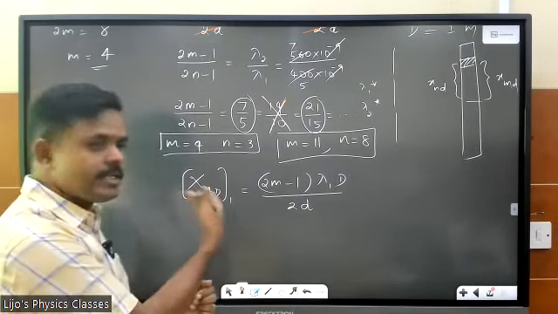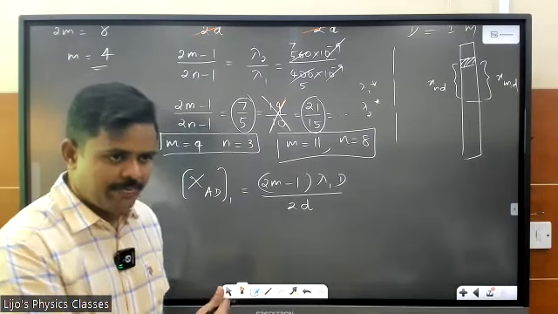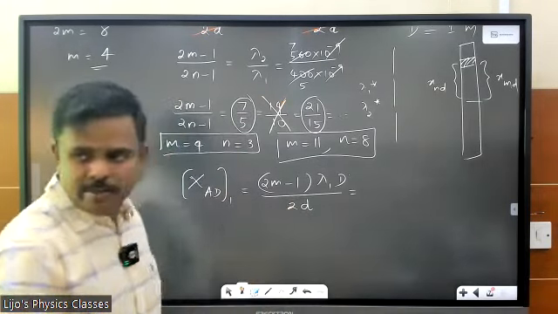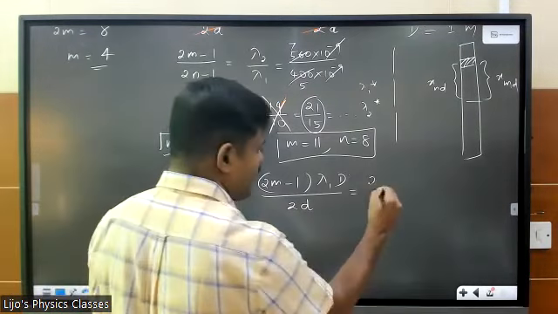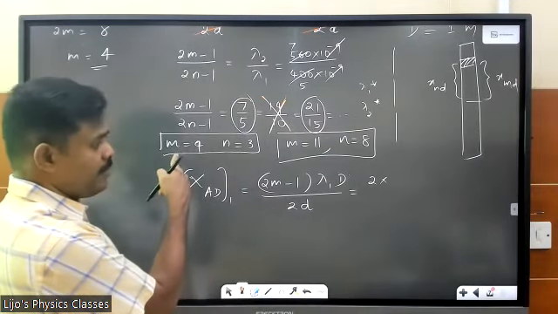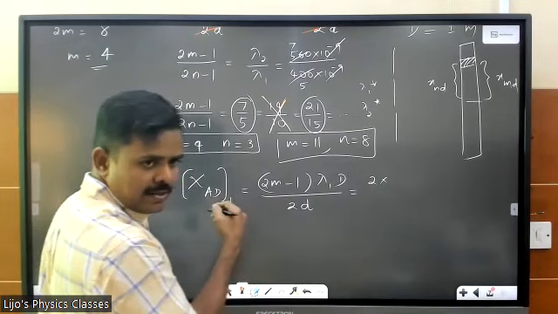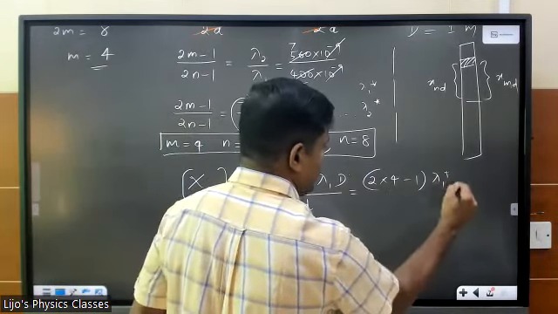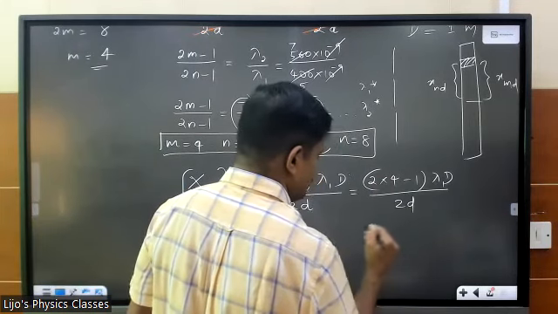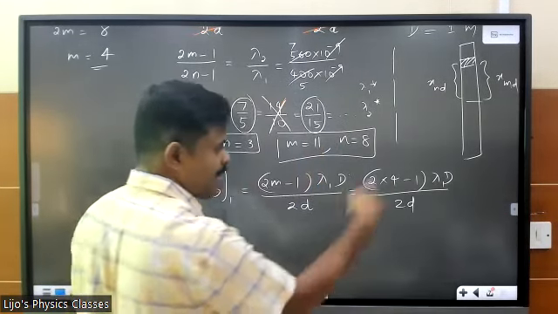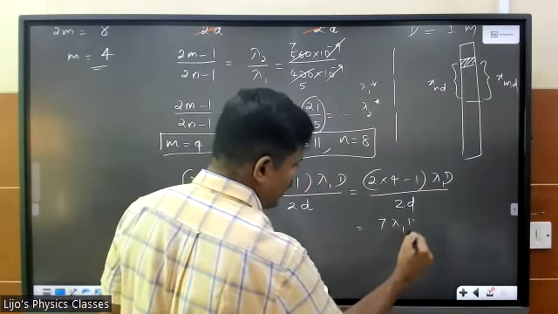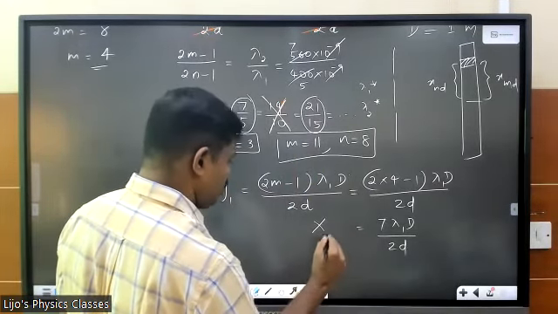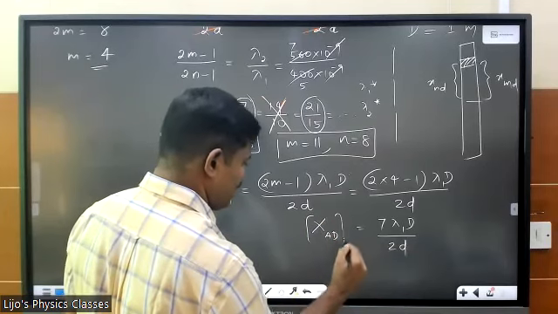What is the first m value? First m value is given 4, right? M value is 4. 2 into 4 minus 1 into lambda 1d divided by 2d. 2 into 4 is what? 8. 8 minus 1, 7 lambda 1d divided by 2d. That is what? Distance to absolute darkness number 1.